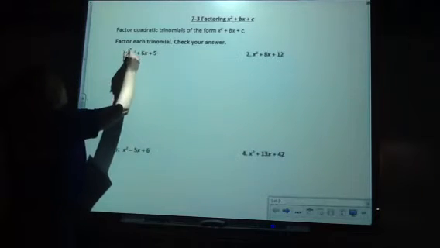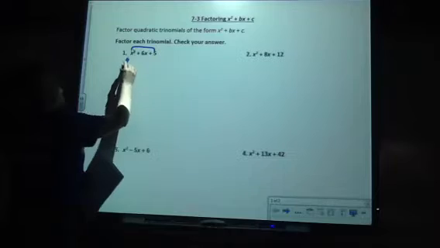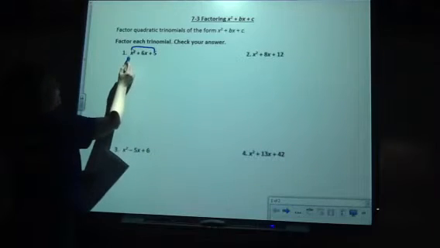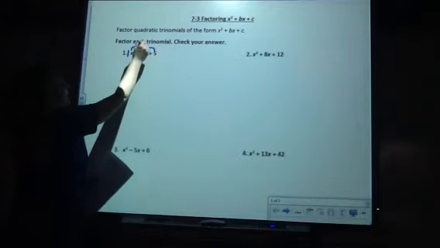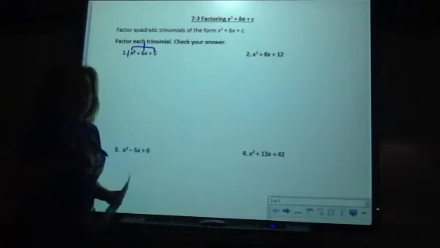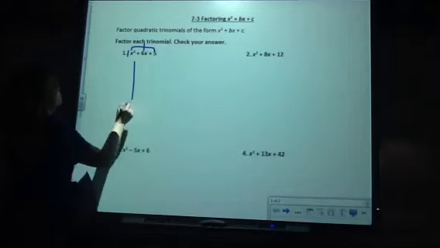Okay, so what we're going to do here is we've got to find the product of coefficient 1 and 5, and those factors need to be the sum of 6.